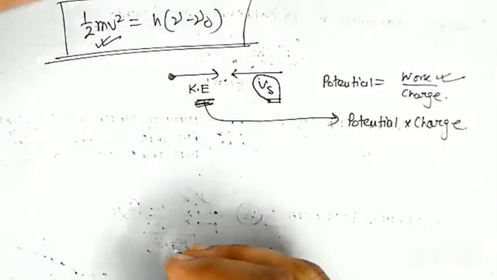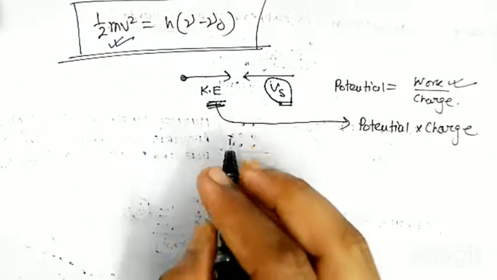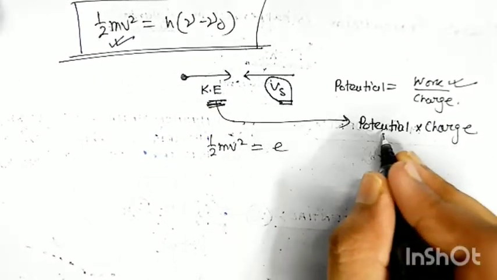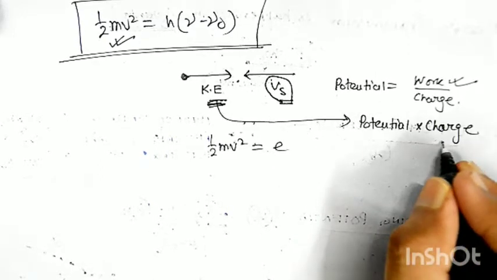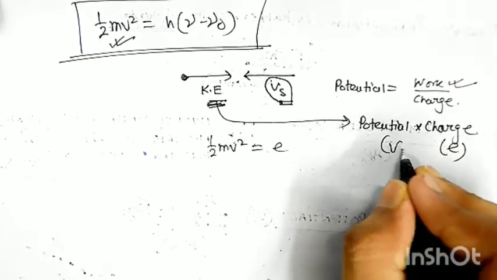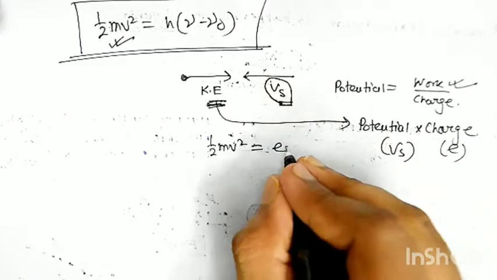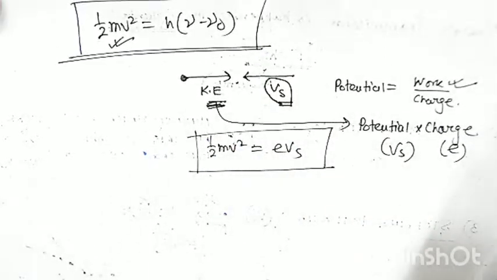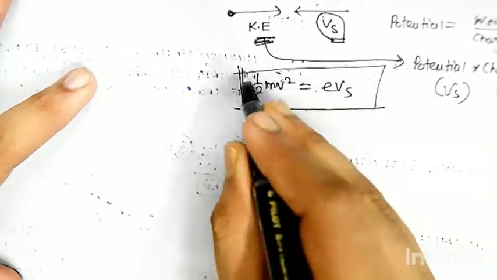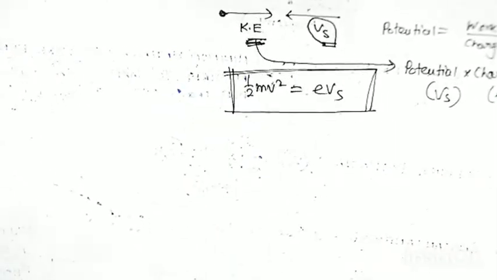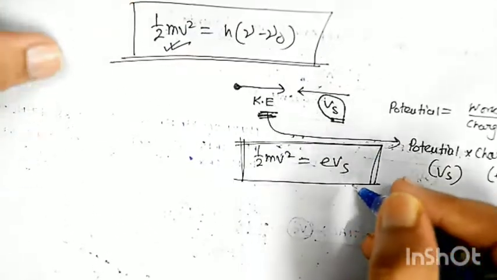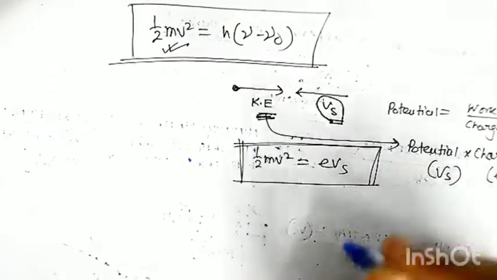This is why this kinetic energy half mv square is also given as potential into charge. Charge of an electron is e, potential is stopping potential Vs, so e into Vs, eVs. Clear?